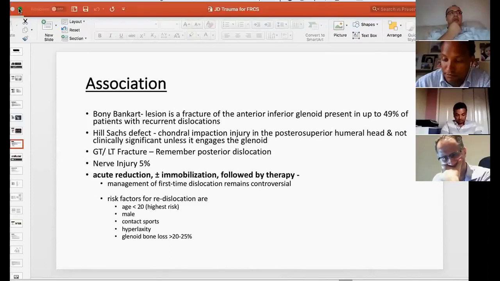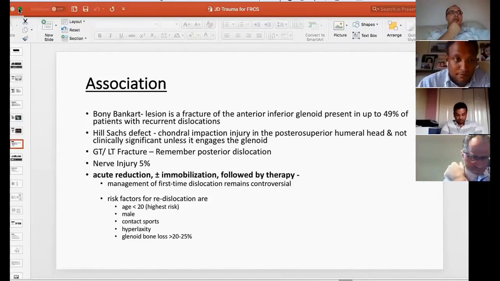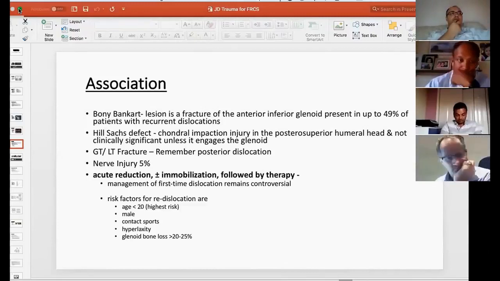But the management of first-time dislocations, again, they ask about these dislocations because there is controversy about it. The controversy is how would you treat it? If it's a first dislocation, some people still like to treat it non-operatively, but as a general rule of thumb, if you ask a shoulder surgeon, and for exam purposes particularly, I will keep my indications for surgical management.